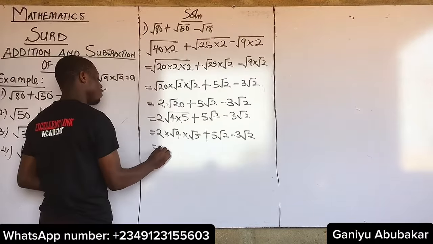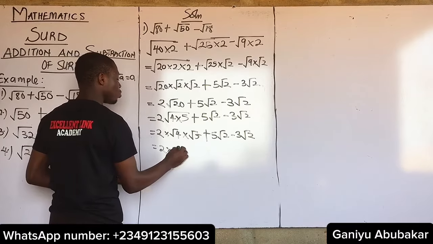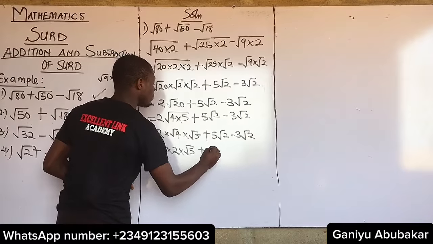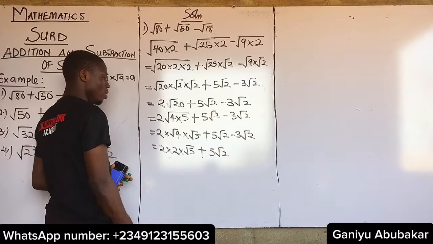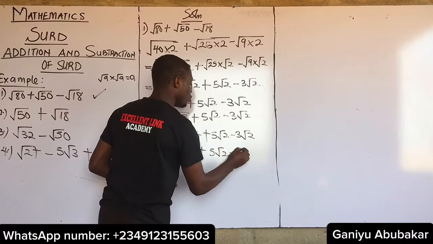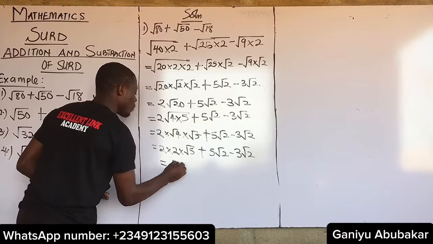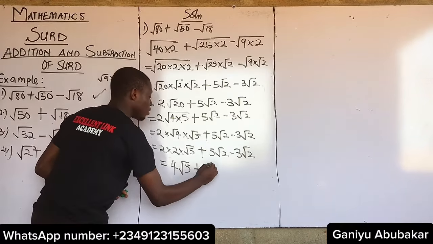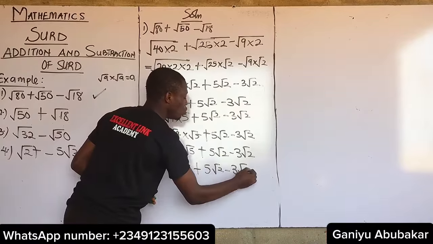At this point here, I'm having 2 times root 4 will give 2. So times root 5. So plus 5 root 2 minus 3 root 2. At this point, 2 times 2 gives 4 root 5. 4 root 5 plus 5 root 2 minus 3 root 2.